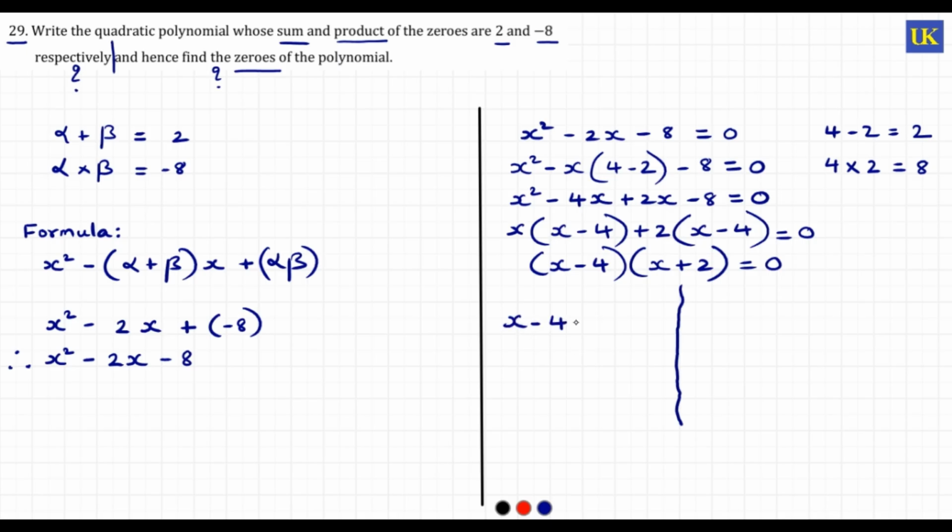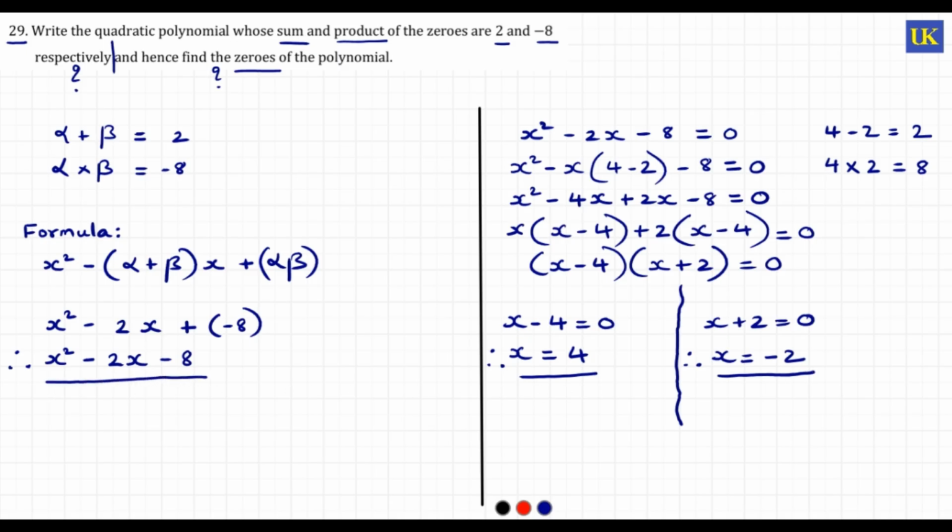So x minus 4 is equal to 0, x is equal to 4, and then x plus 2 is equal to 0, x is equal to minus 2. So x is equal to minus 2 and x is equal to 4 are our two zeros of the polynomial. Okay, so these are our answers, and this is our quadratic polynomial. So this is our answer for this question. Now we will see the OR question.